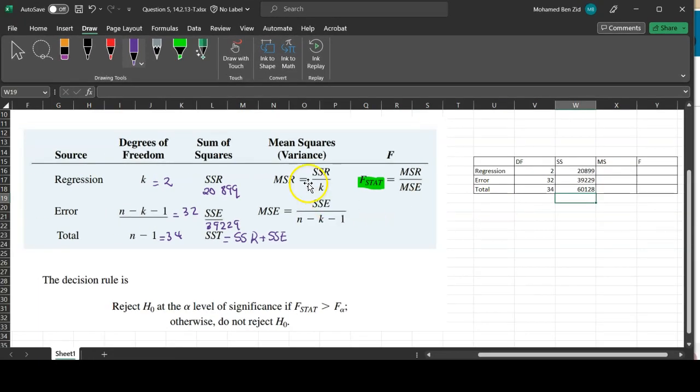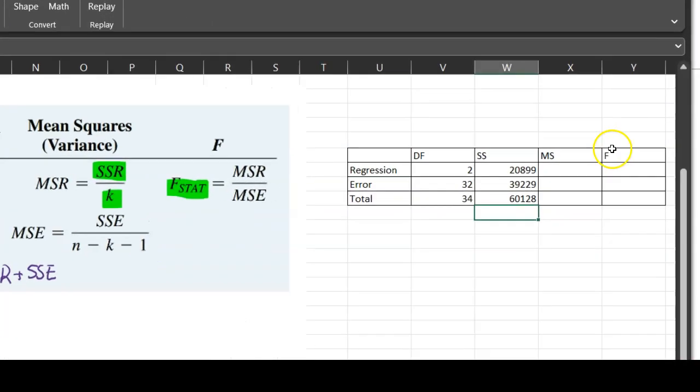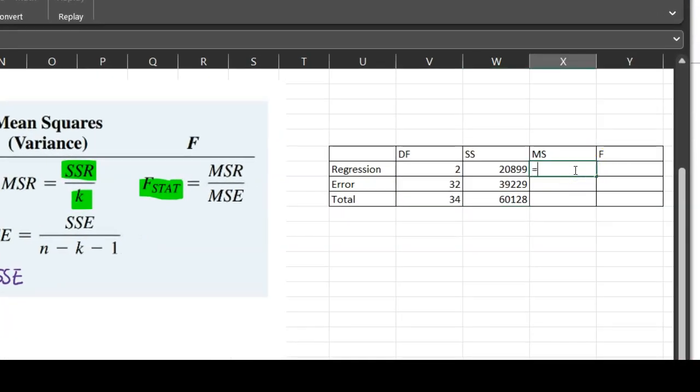Now, to find the mean square regression, I divide the SSR by its degrees of freedom, K, which is 2. This is really easy in Excel: equal sign, click on the SSR value, divide by 2, and enter.